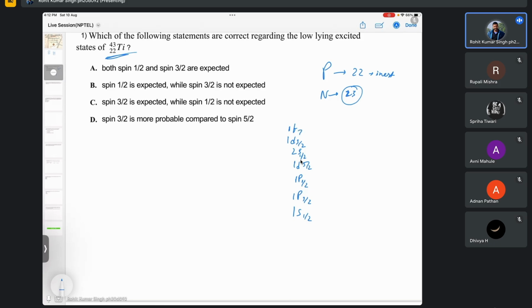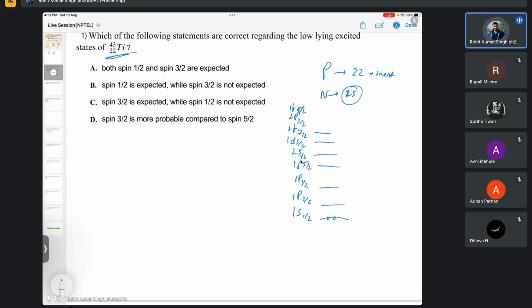We might need 1d 7 by 2, or 2p 3 by 2, and 1f 5 by 2. Okay, so that's enough, I think. So these are the states available.